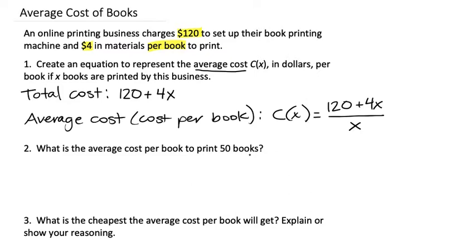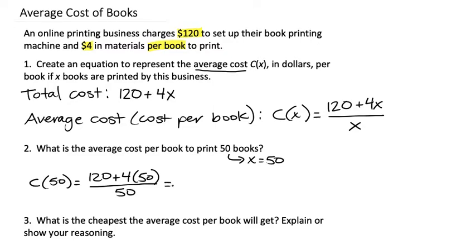Now, if I want to calculate the average cost per book to print 50 books, I would plug in 50 for X. So C of 50 is 120 plus 4 times 50 divided by 50, or 120 plus 200. You can type this into a calculator as well.